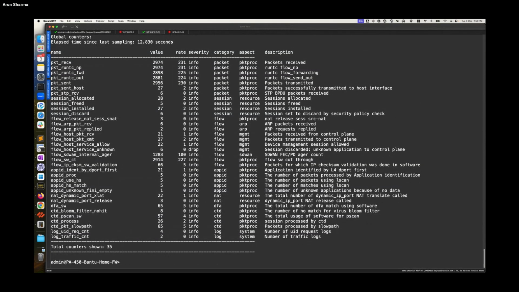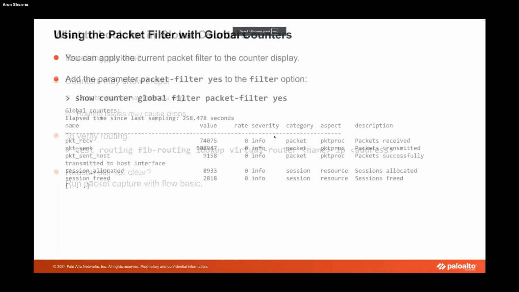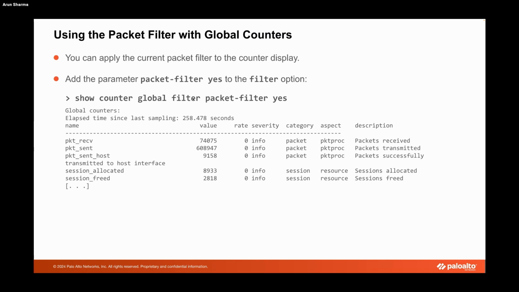All right, let's go back to the slides. Okay, so this is the same command which we have run here. Over here, it has a filter for packet filter. This packet filter is when you configure filters for the interesting traffic in the GUI of the firewall.